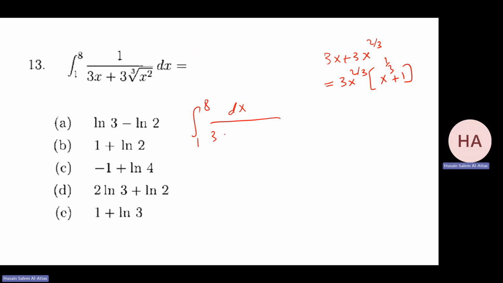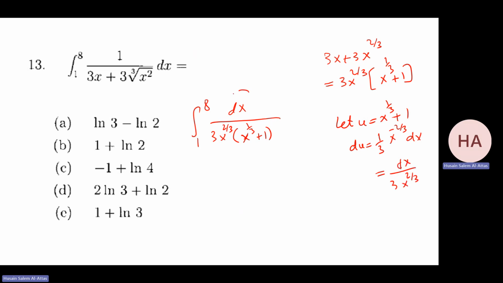Here I have 3 x to the power 2 over 3, x to the power 1 over 3 plus 1. Now I will let u equal x to the power 1 over 3 plus 1. What will be du? It will be 1 over 3 x to the power minus 2 over 3 dx. In other words, it's 1 over 3 x to the power 2 over 3 dx, which is this one. So this is my du, and this is u.